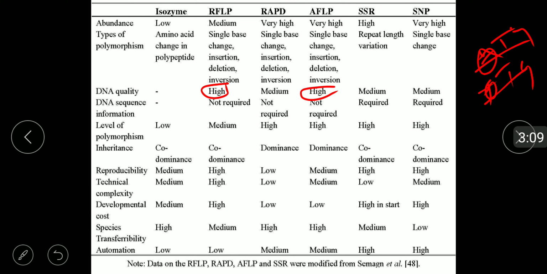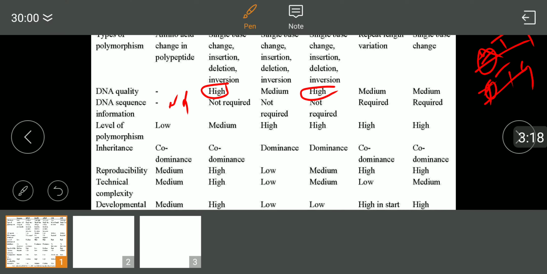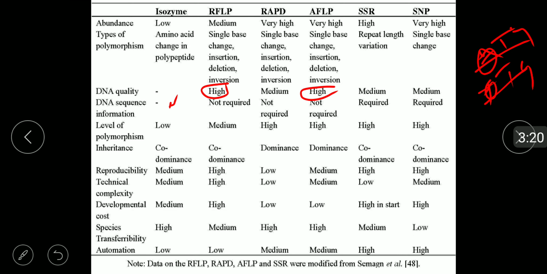For sequence information, it is not applicable for isozymes. RFLP does not need DNA sequence information, RAPD does not require it, and AFLP also does not. But in SSR and SNP it is required, and it is most important.